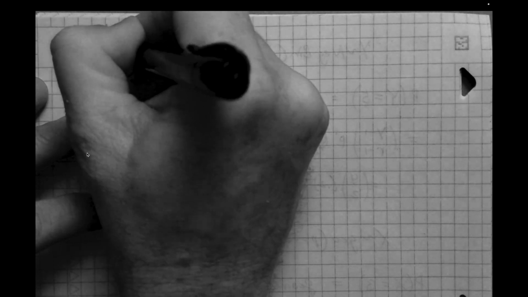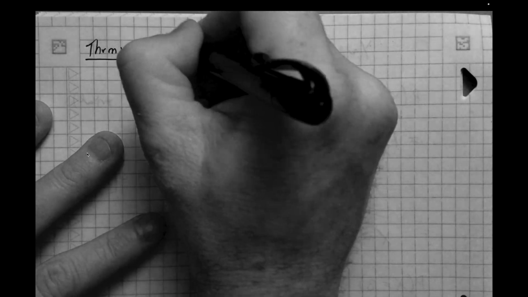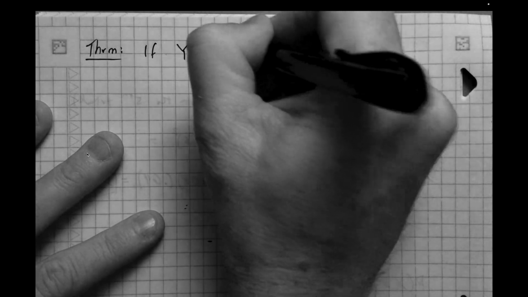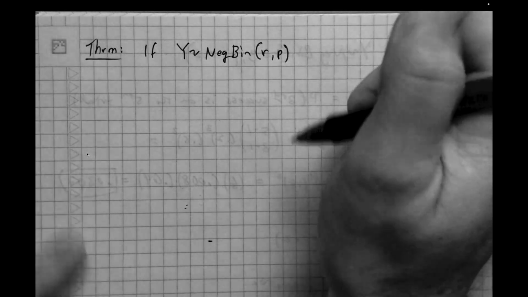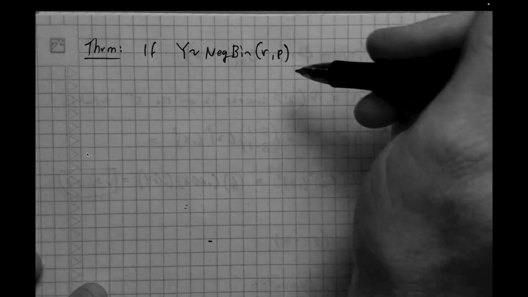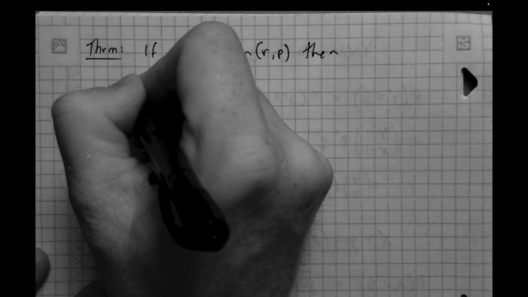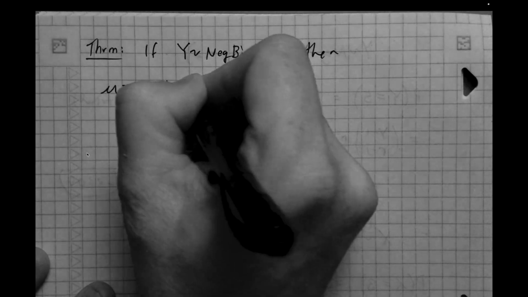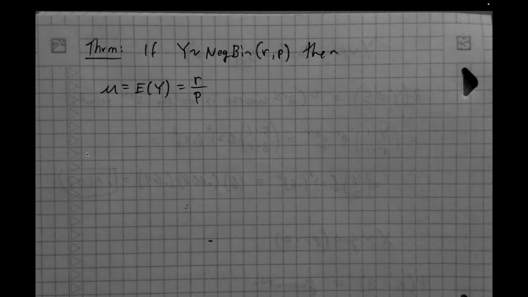And so just the last thing I'll say is the mean and the variance here. We won't prove this, but I'll just point it out. So if y is negative binomial with parameters r and p, r being the desired number of successes and p being the probability of success, then the mean is equal to the expected value of y, which is r divided by p. All right, so you take the desired number of successes, you divide it by the probability of success, and you get the mean.